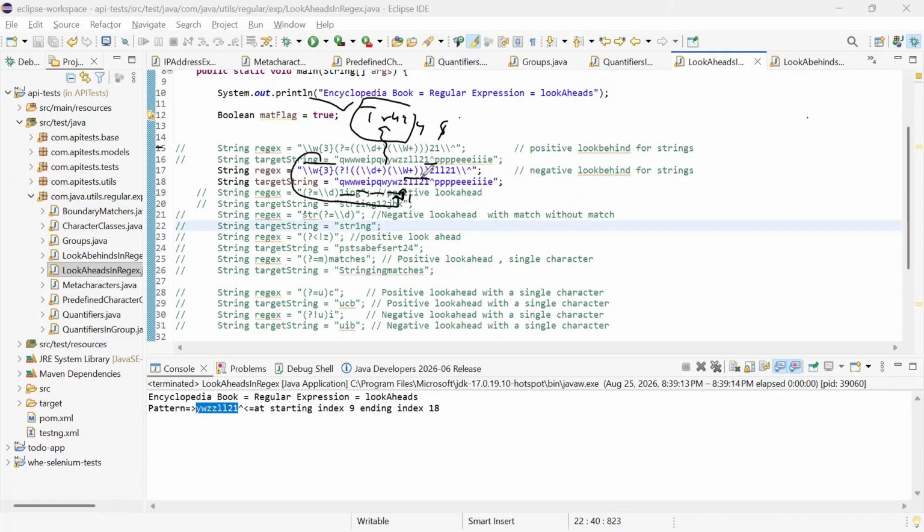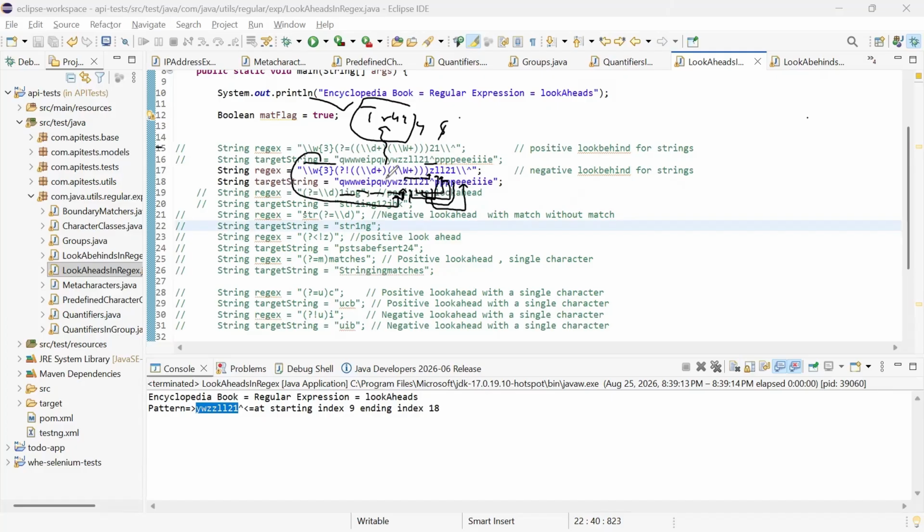So from here, this Z will be matched with this, this L will be matched with this thing, and this L will be matched with this thing, and this 2 and 1 will be matched with this, and then the carets will be matched with this. So hence, this thing has made this condition true.